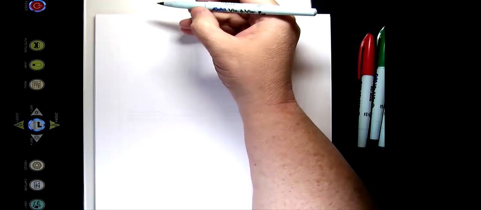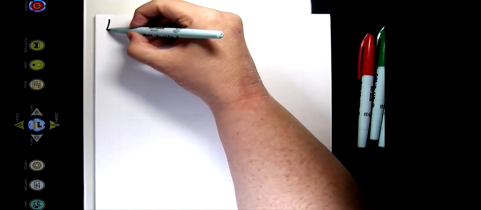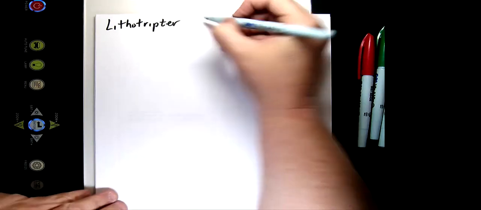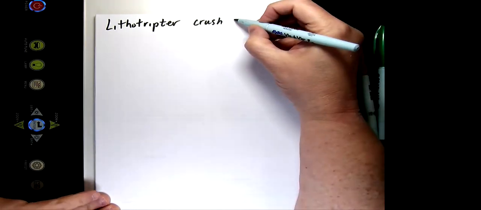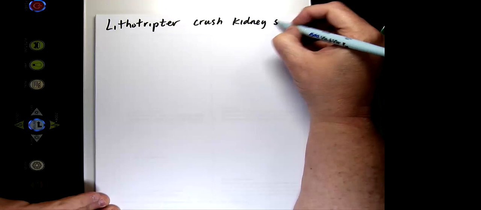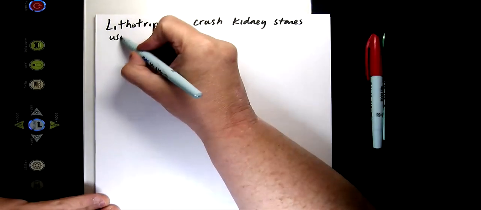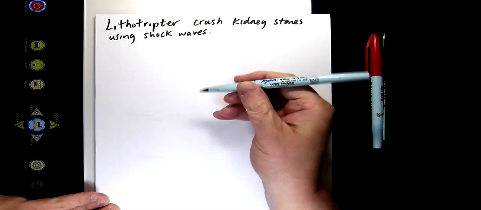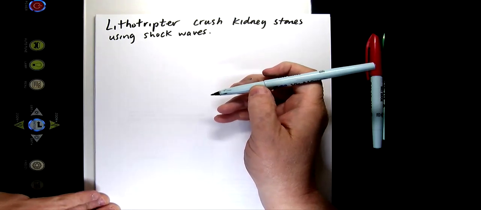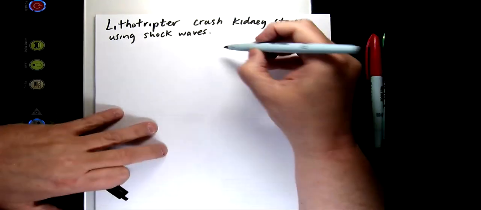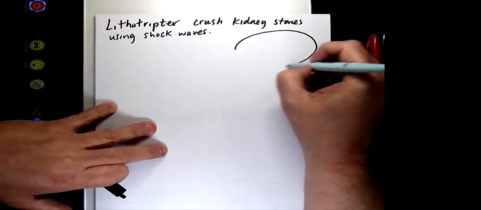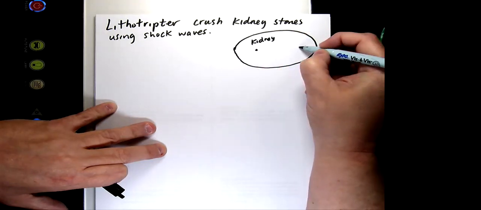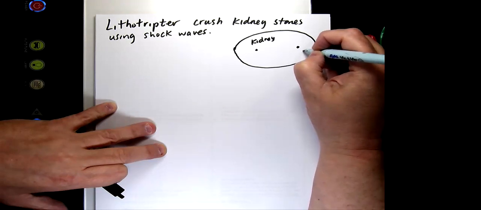All right, that machine that crushes kidney stones is called a lithotripter. Lithotripters crush kidney stones using shock waves. So they put a patient in an elliptical tub. They put the kidney stone at one focus. They put the wave source over here.